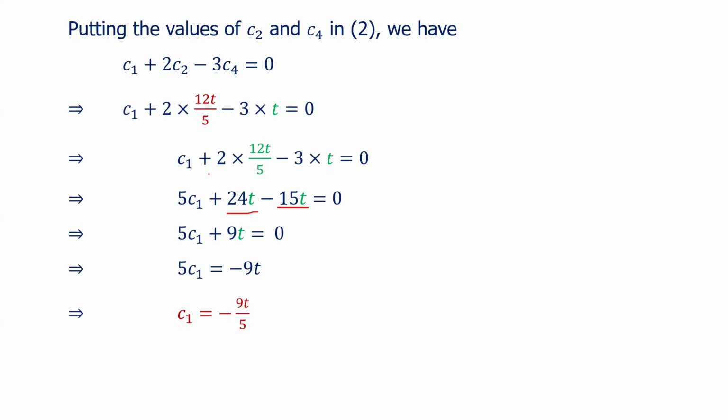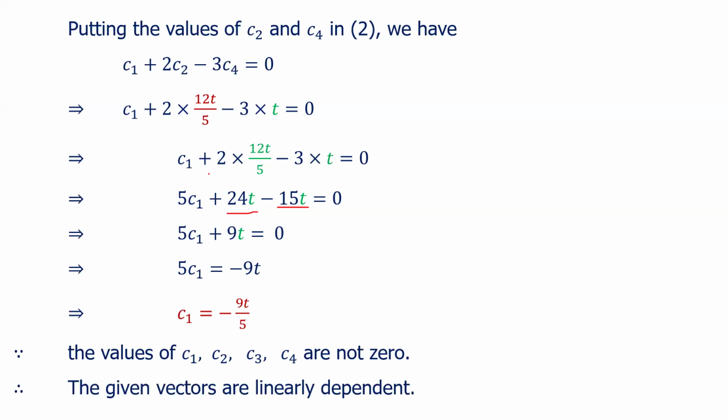Hence, we obtain all the values of C1, C2, C3, and C4, which are not 0, or we say that they are non-zero. Therefore, the given vectors are linearly dependent.